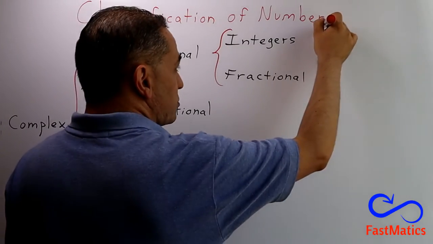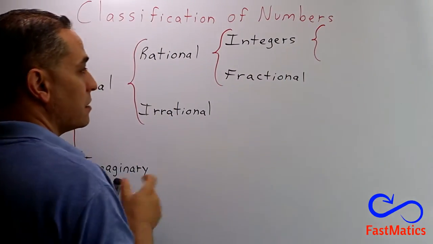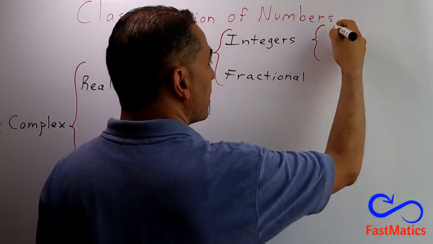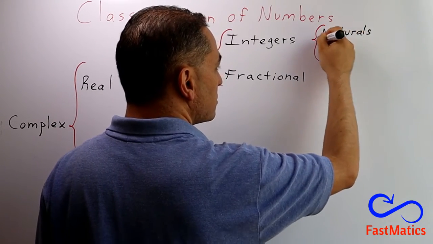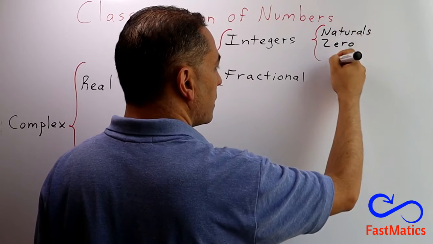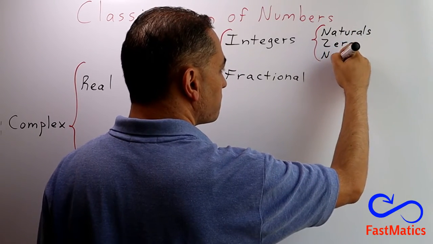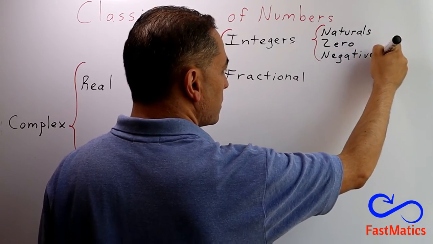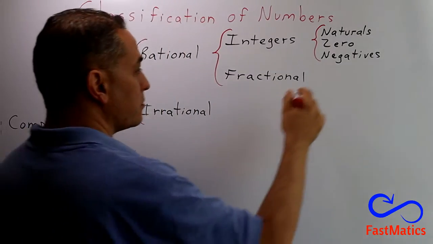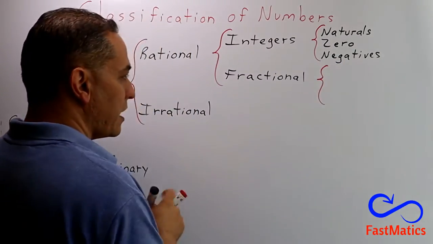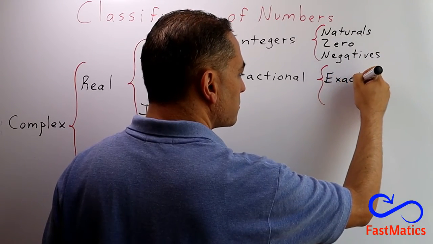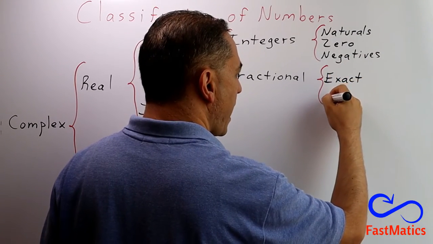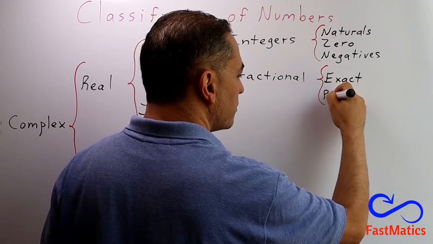And into the integers set we have naturals, 0, and negatives. But into the fractional number set we have exact and periodic.